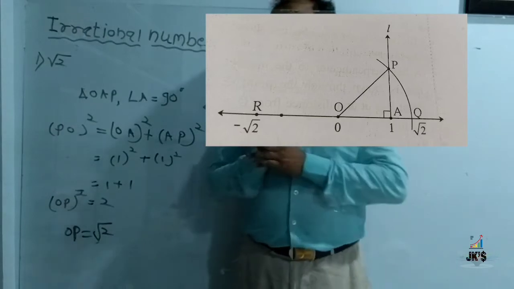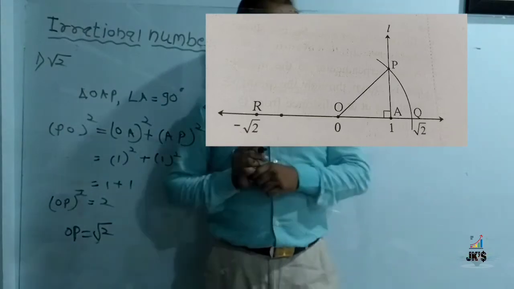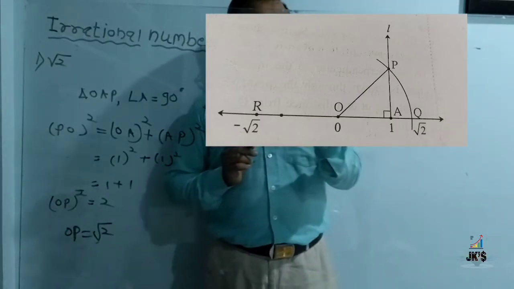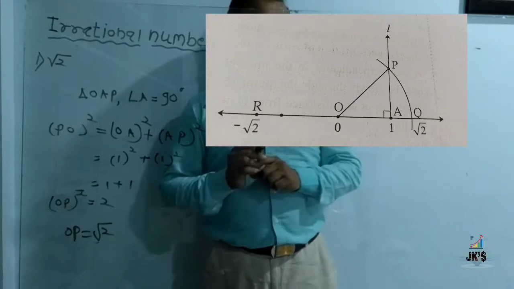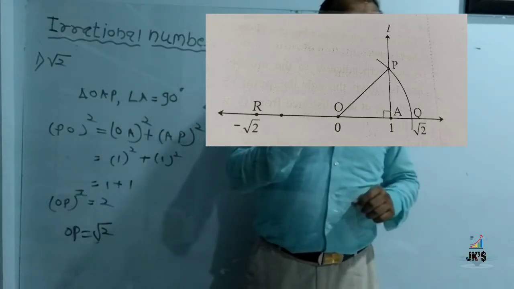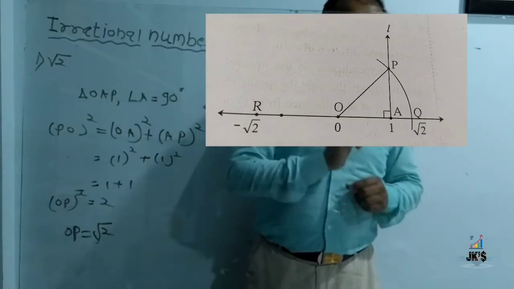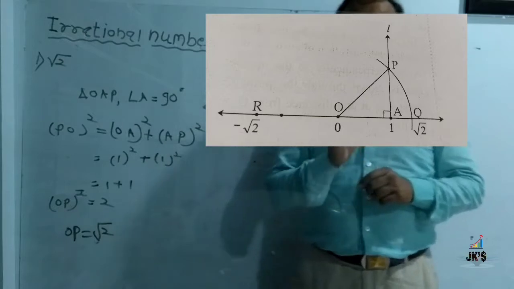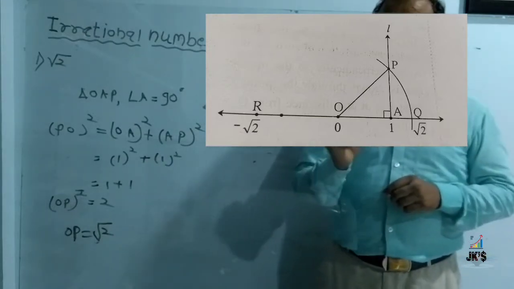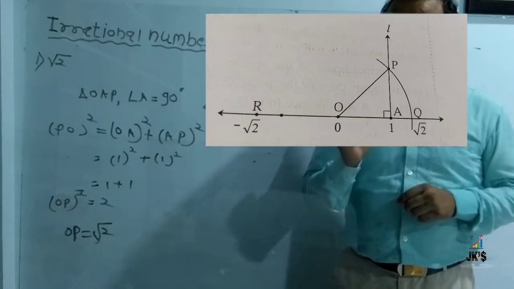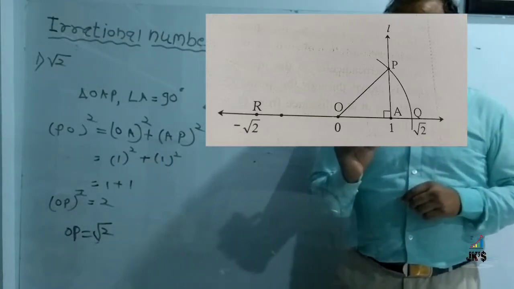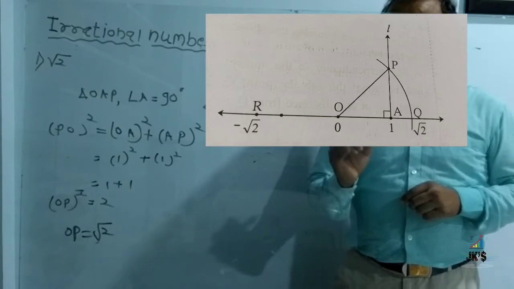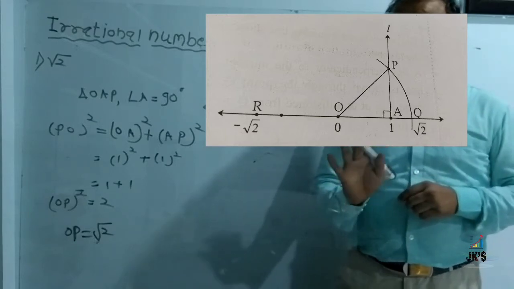We take this OP distance in a compass and draw an arc which intersects the number line. The arc intersects the line at this point, and this point shows the number root 2.